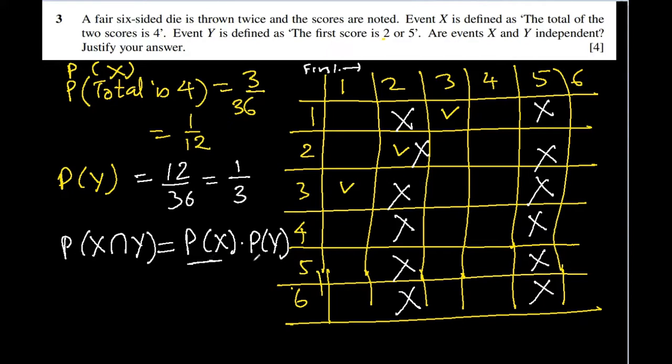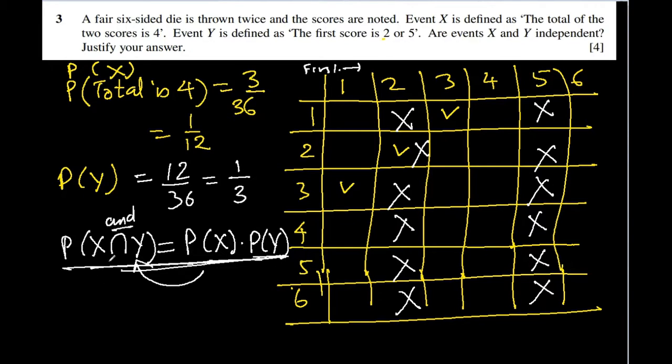If the multiplication of the two is equal to probability of x and y, where intersection also means and, both of them happening, then the events are independent. Did you get the idea?